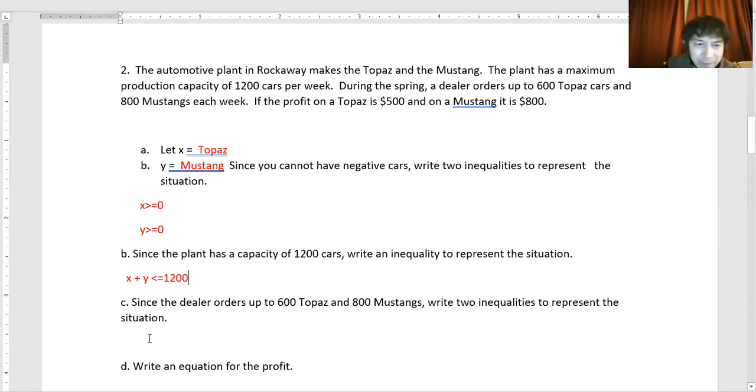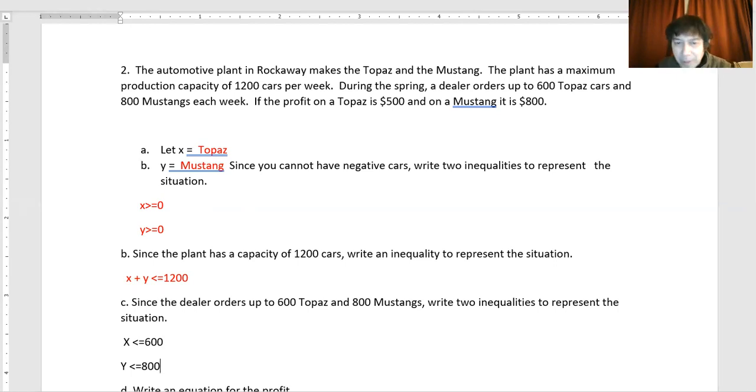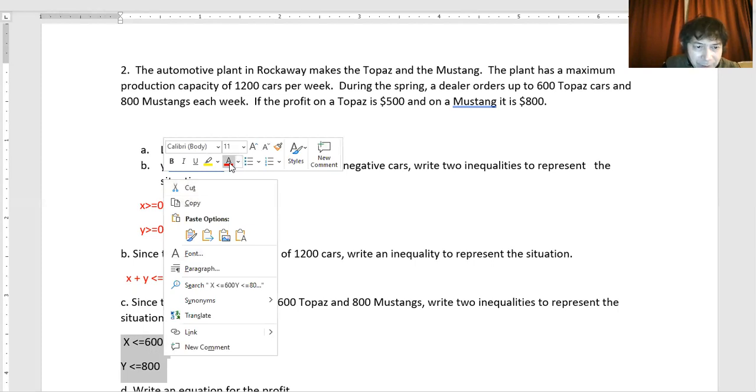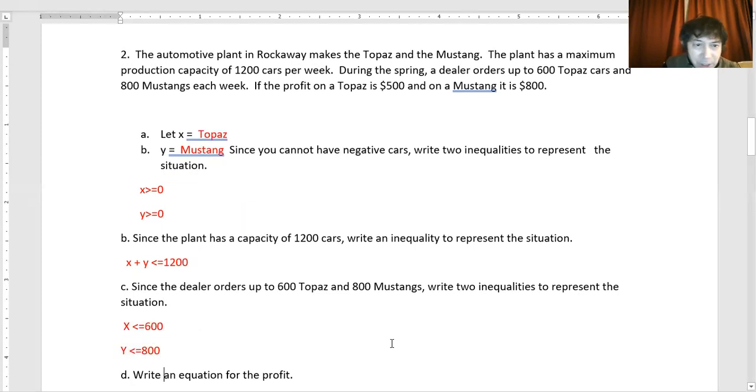X must be less or equal to 600, and the other one will be Y less or equal to 800. So 600 at the most for Topaz, 800 at the most for the Mustang. This will be for our inequality, and we shall have this red. That goes to our letter C.